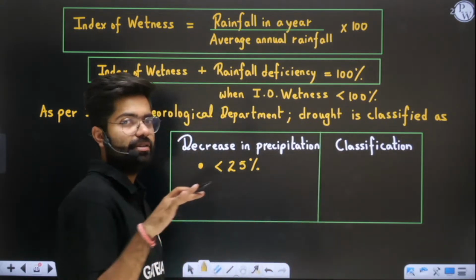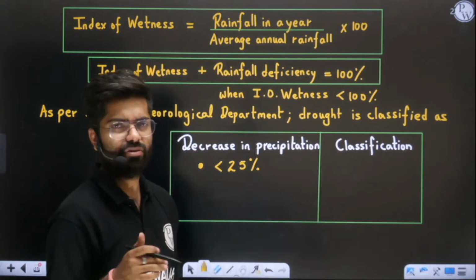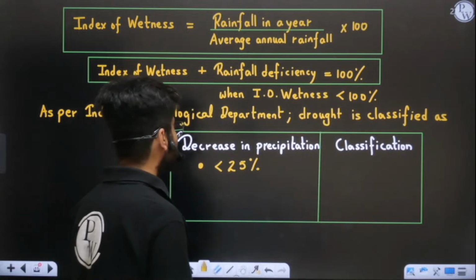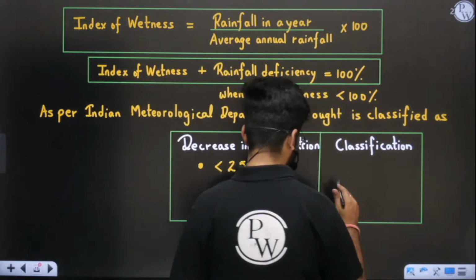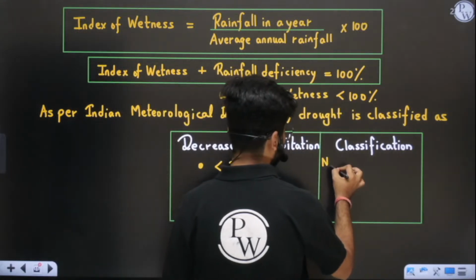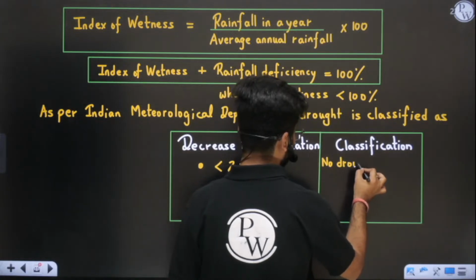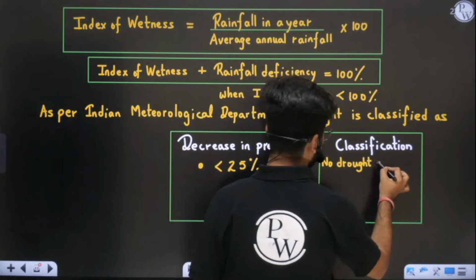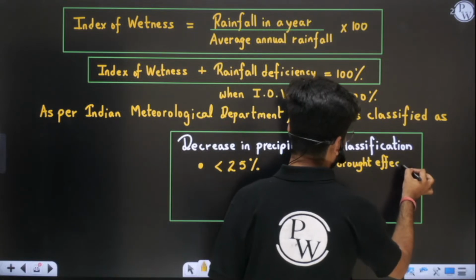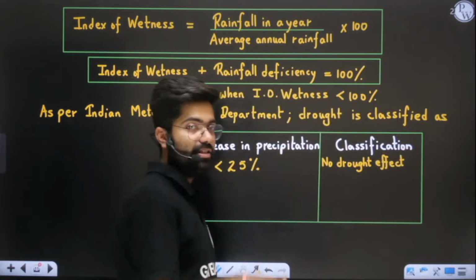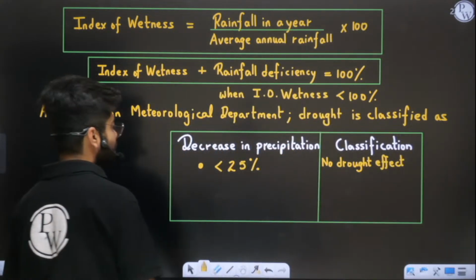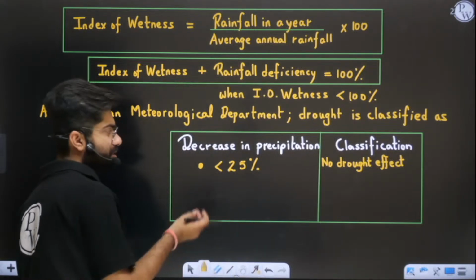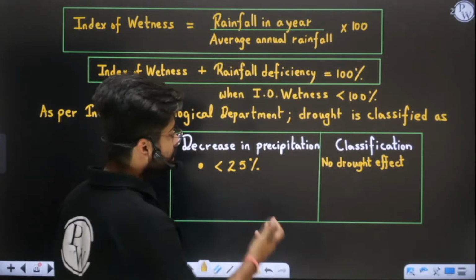Decrease in precipitation is there, but less than 25%, so in this case I will say no drought. Drought happens when a drastic decline is there. But when decrease in precipitation is less than 25%, obviously no drought is here.